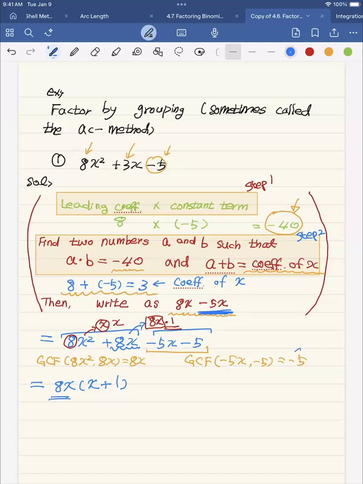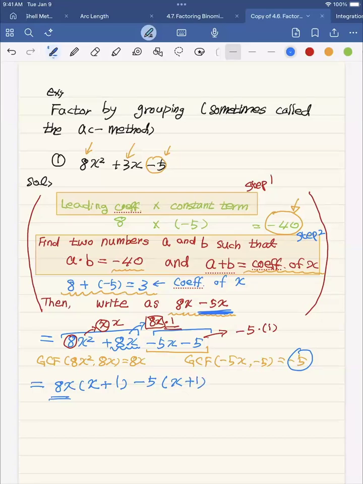And then minus 5 is the common factor for the next two terms. Minus 5, then x and 5, negative 5 can be perceived as negative 5 times 1. So it'll become x plus 1.